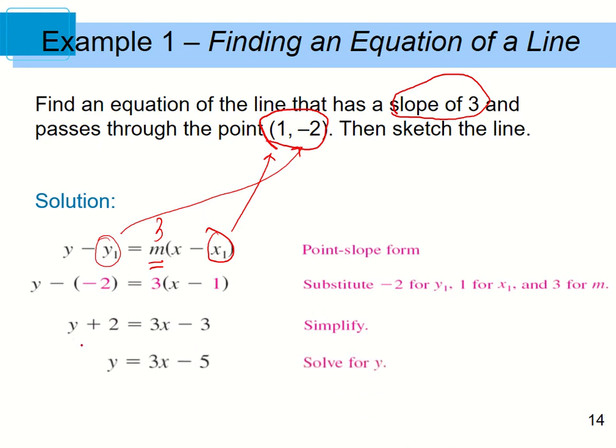Moving the 2 to the right-hand side, we have y equals 3x minus 3 minus 2, which is minus 5. So this is the equation of the straight line, and we call this the slope-intercept form.